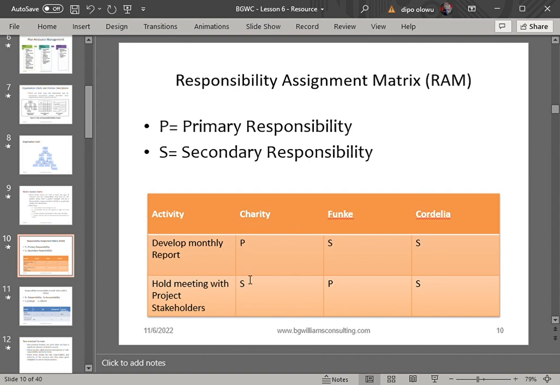So for this first activity, Charity is primarily responsible for developing the monthly report, while Funke and Cordelia are secondarily responsible. Which means in the absence of Charity, these other two, Funke and Cordelia, can step in and take charge of that responsibility.